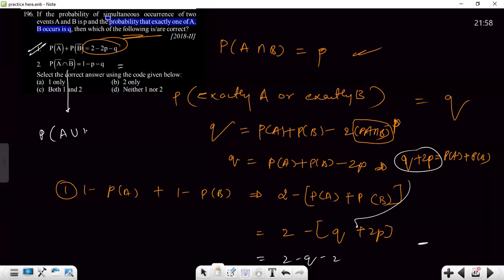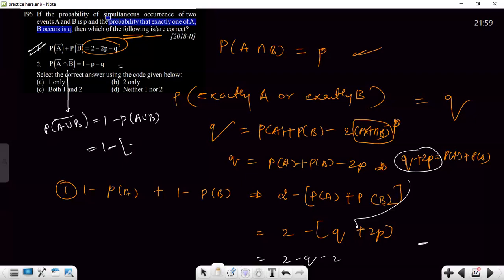Using De Morgan's law, we can write probability of A bar intersection B bar as probability of A union B whole bar, which can be written as 1 minus probability of A union B. What is A union B?